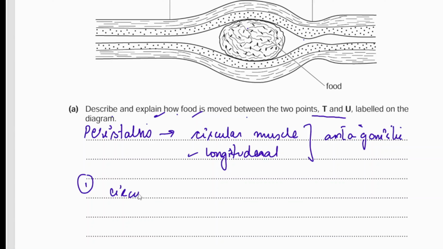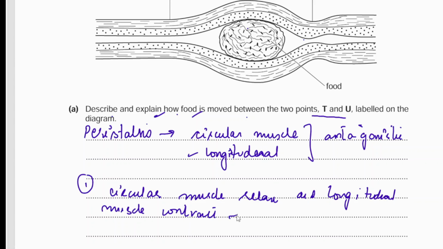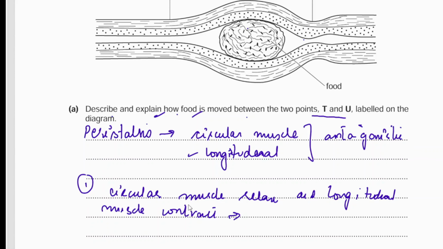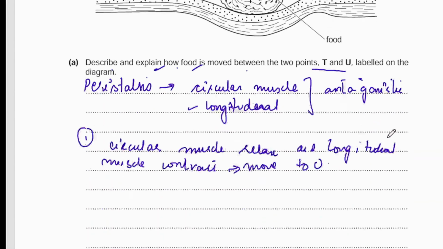Because we have to write for 7 marks: circular muscles relax, longitudinal muscles contract, and what will happen? The food would move forward, and we can say it the other way as well.